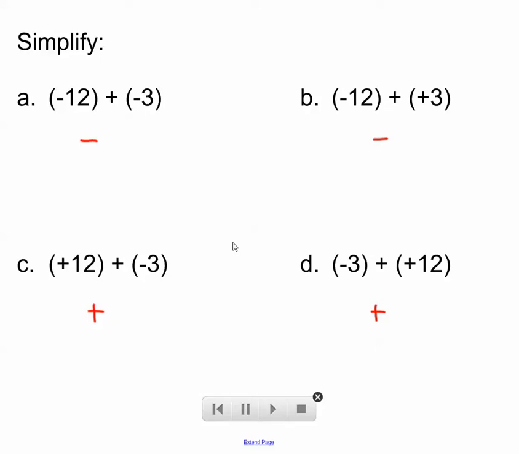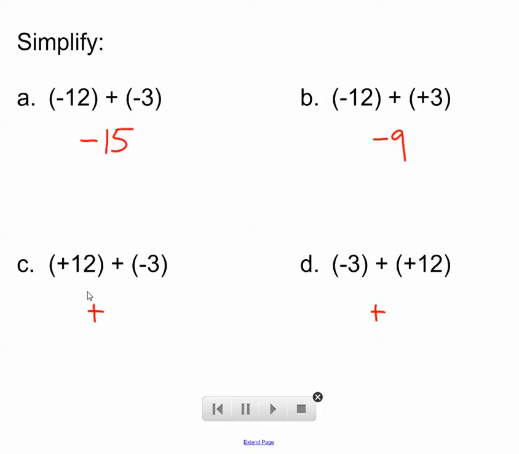Okay, back up here to A. Numbers with the same sign, add their absolute values. 12 plus 3 is 15. So our answer is negative 15. B: numbers with different signs, subtract their absolute values. So we'll do 12 minus 3 is 9.